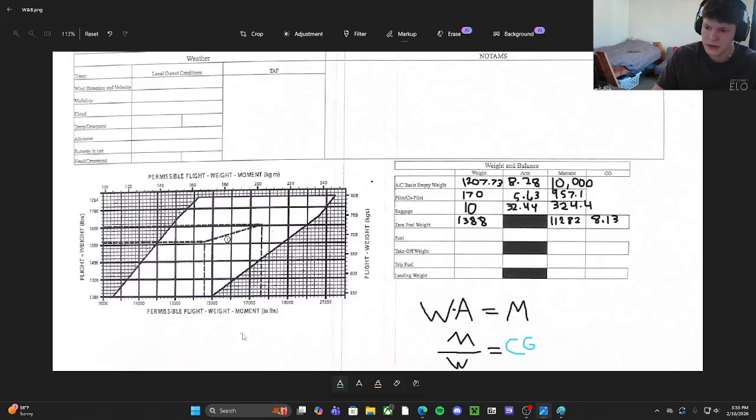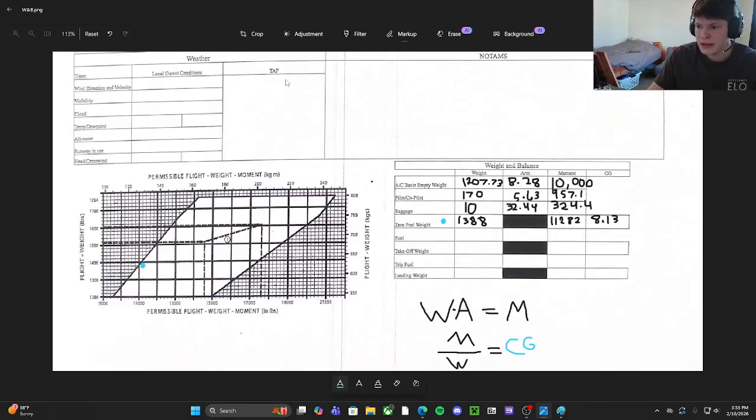Or maybe this is just a my school thing, but we have 1388 on the weight, and then we find our moment of 11,282, so we'd be right around in here. That would be our point. So that point right there is going to be our zero fuel weight, that blue point. Let me make it just a little bigger.